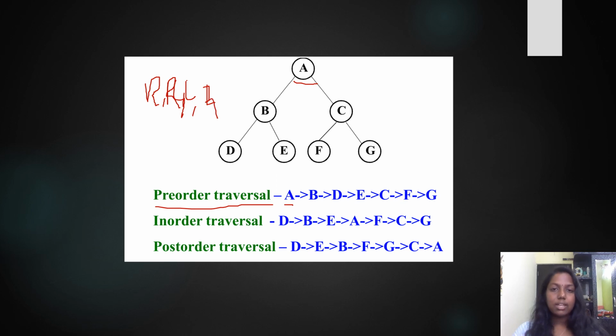Coming to left, we have B. After we write B here, we see that we have another child, so we write the left, that is D. Now the right of this is E. When we go to B, the E is considered. Now we go to A. The right of A is C, but C is a parent node, which again has two children, F and G. So left and right.